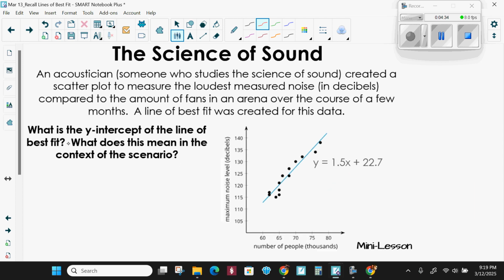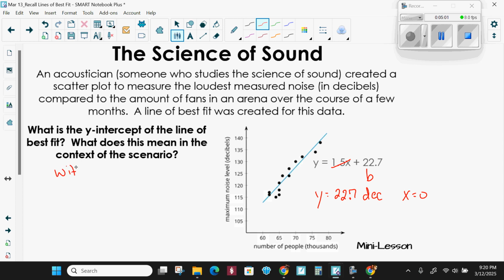Now what is the y-intercept of the line of best fit? So the y-intercept, remember, is when x is 0. So that would basically take away this value, and your b in the equation is the y-intercept. So we have y equals 22.7 decibels when x equals 0. Now, what does this mean in the context of the scenario?